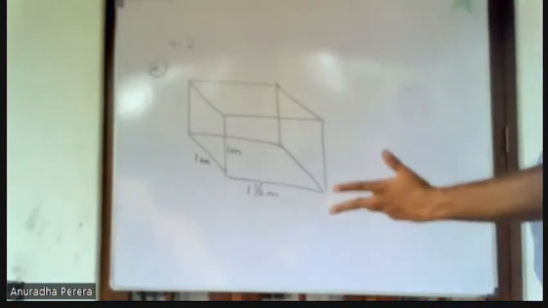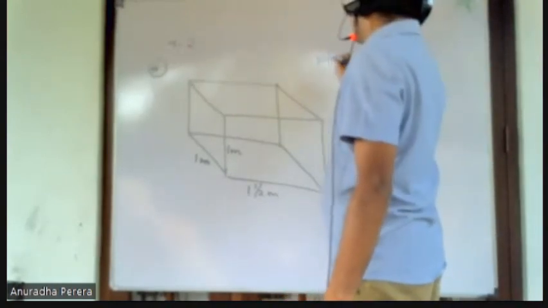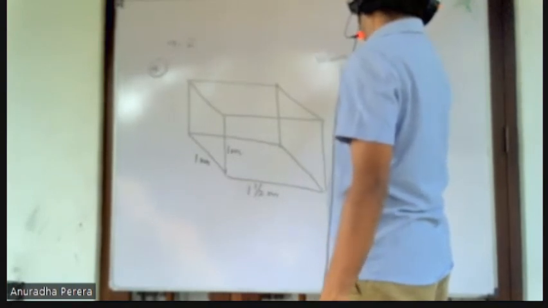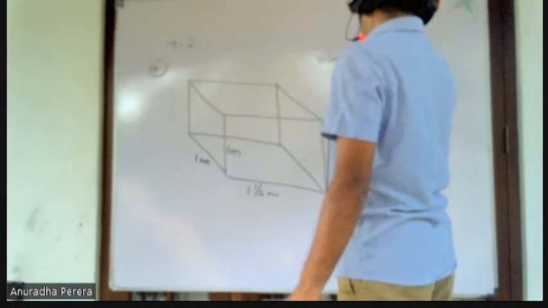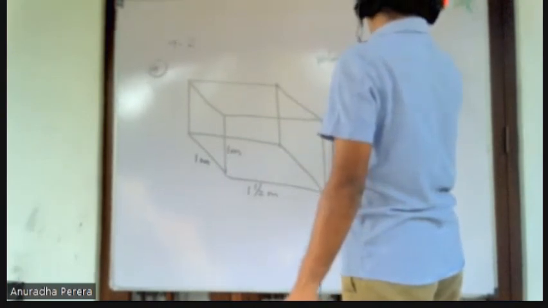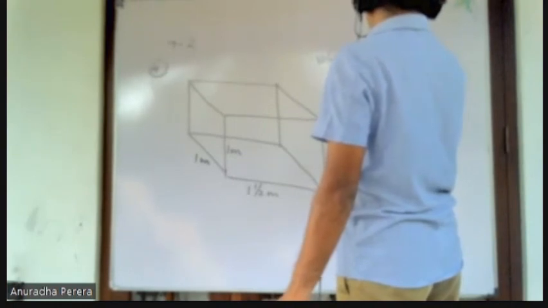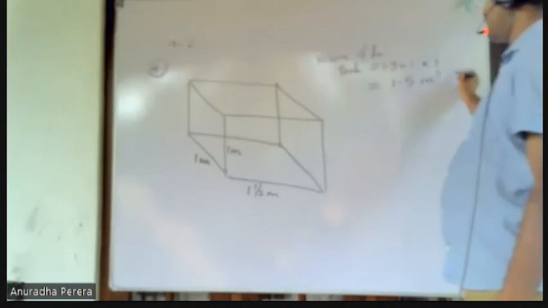First of all, find the volume of the tank. 1.5 into 1 into 1 is 1.5 cubic meters.